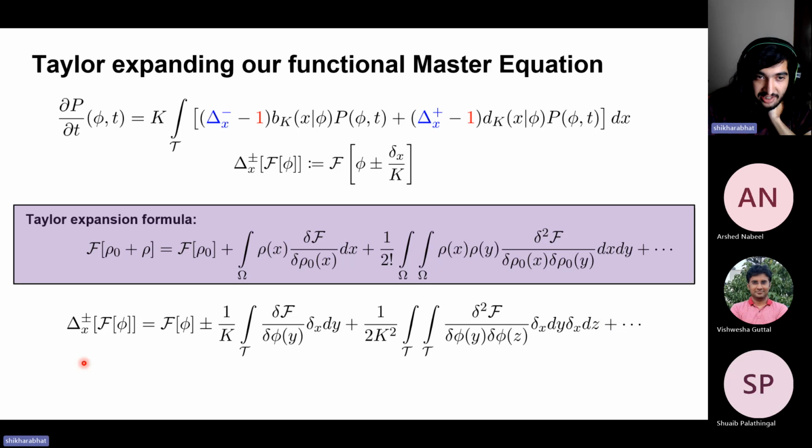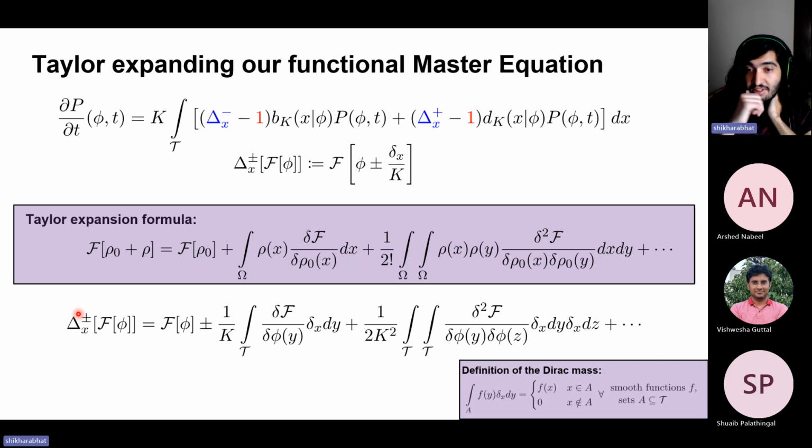Can we evaluate this? Well, yes, because by our definition, our Dirac mass obeys the following rule. If I have any nice function f, integral of f times delta x gives me f of x if x is in A and 0 if x is not in A. Now I am integrating over the entire trait space.